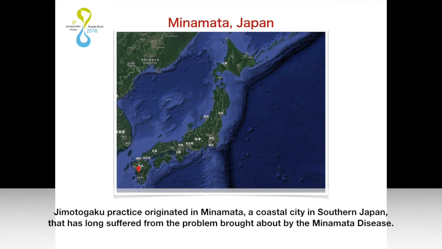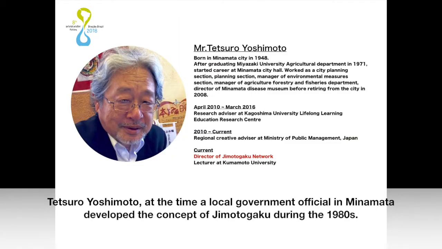Jimotogaku practice originated in Minamata, a coastal city in southern Japan that has long suffered from the problem brought about by the Minamata disease. Tetsuro Yoshimoto, at the time a local government official in Minamata, developed the concept of Jimotogaku during the 1980s.